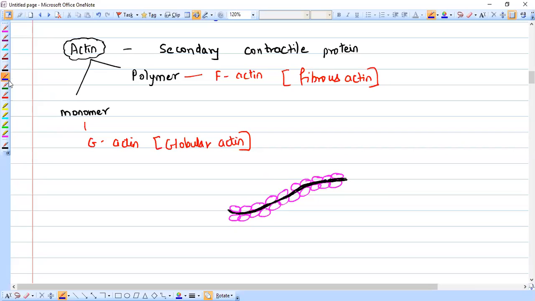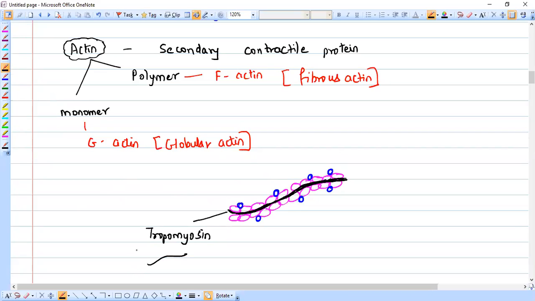Now on this you will have a special protein present that's called G actin. So I put it this way. This is nothing but the G actin. Let's do the labeling of this so that we can understand what we are trying to say. This black color one that you're observing is called tropomyosin.